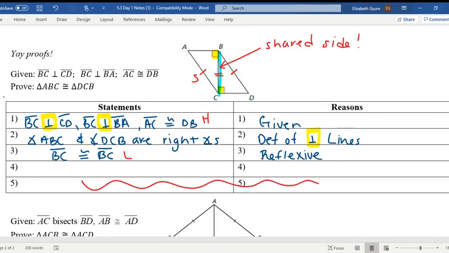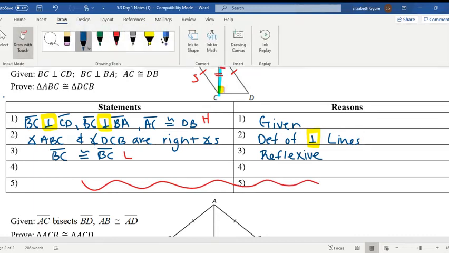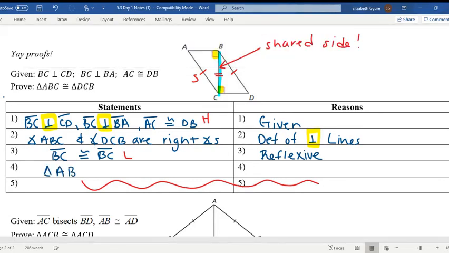You don't need step 5. So we are going to say that triangle ABC is congruent to triangle DCB by hypotenuse leg. We were able to show we had a right angle, which makes it a right triangle. We were given a congruent hypotenuse, and we found a congruent leg.